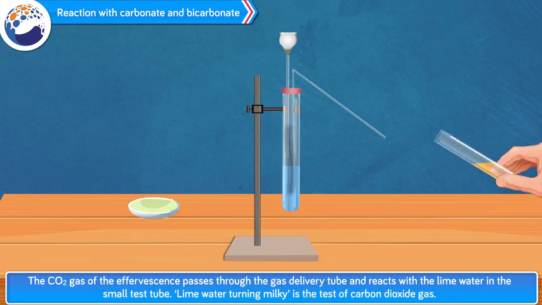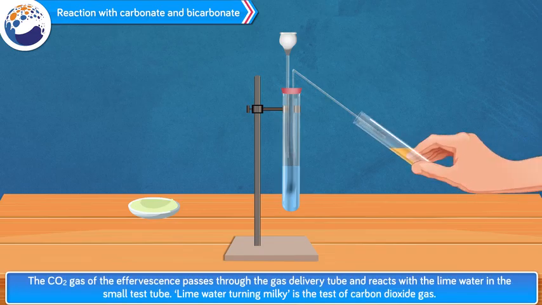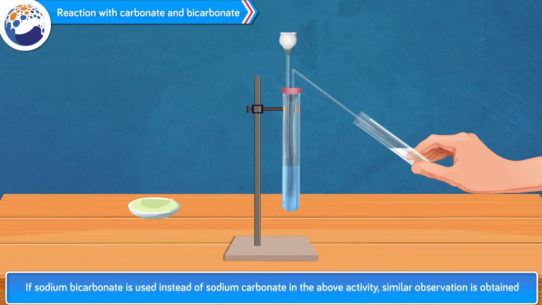The CO2 gas of the effervescence passes through the gas delivery tube and reacts with the lime water in the small test tube. Lime water turning milky is the test of carbon dioxide gas. If sodium bicarbonate is used instead of sodium carbonate in the above activity, a similar observation is obtained.